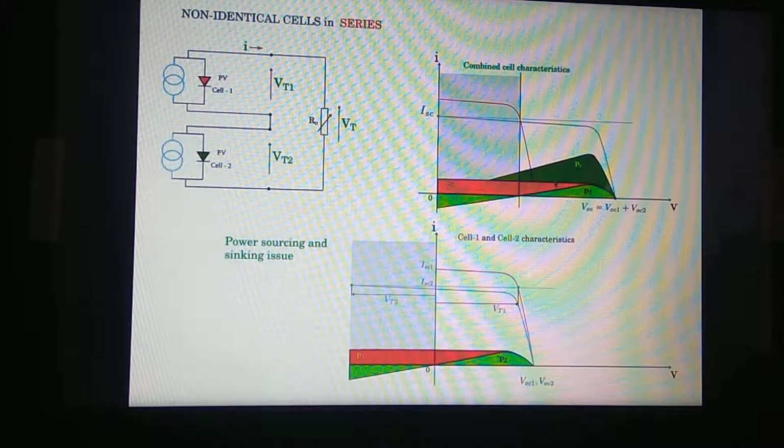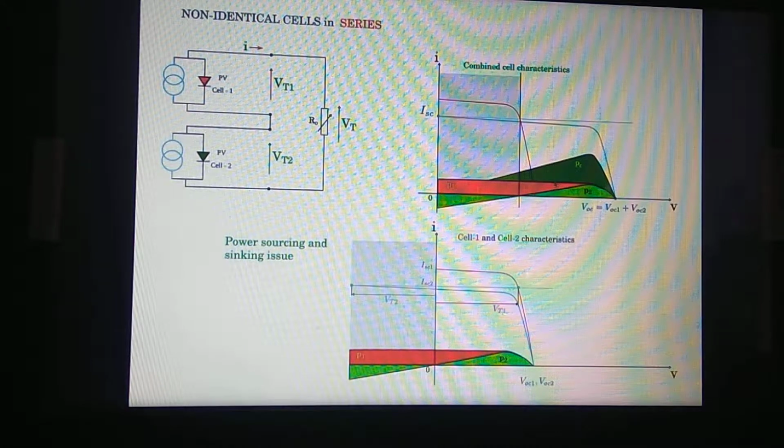This can be seen from the fact that for a variation in the current in this narrow region, the variation in the voltage of PV cell 1 is not much, and the variation in the current flowing through both the cells is also not much, and essentially the product of I into the cell voltage is essentially constant, and that is why you see it is almost a constant.